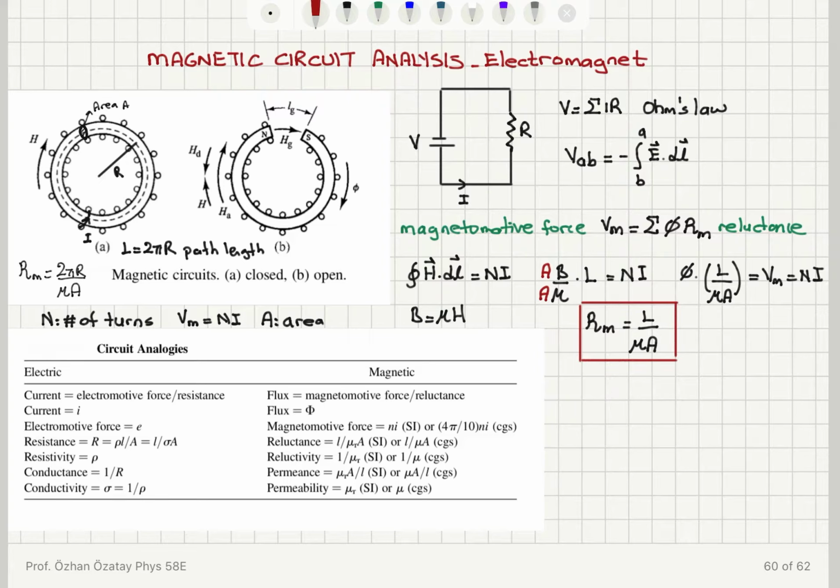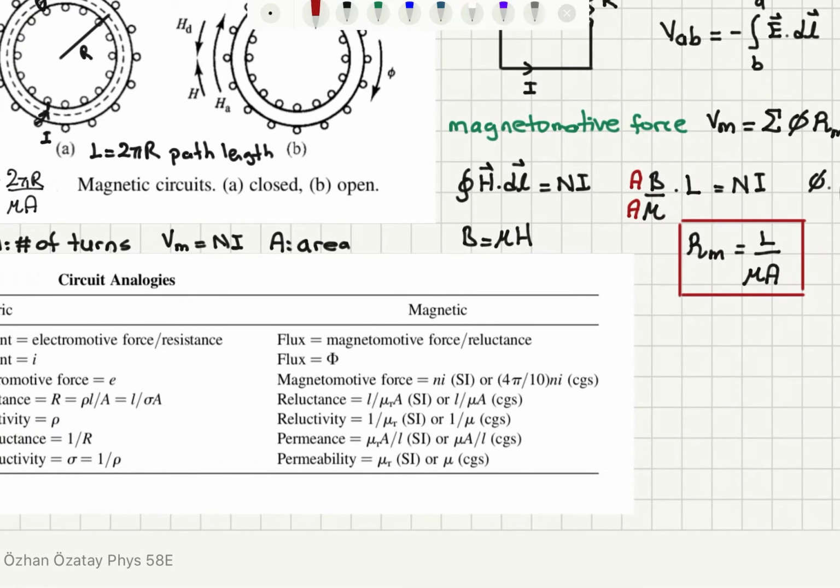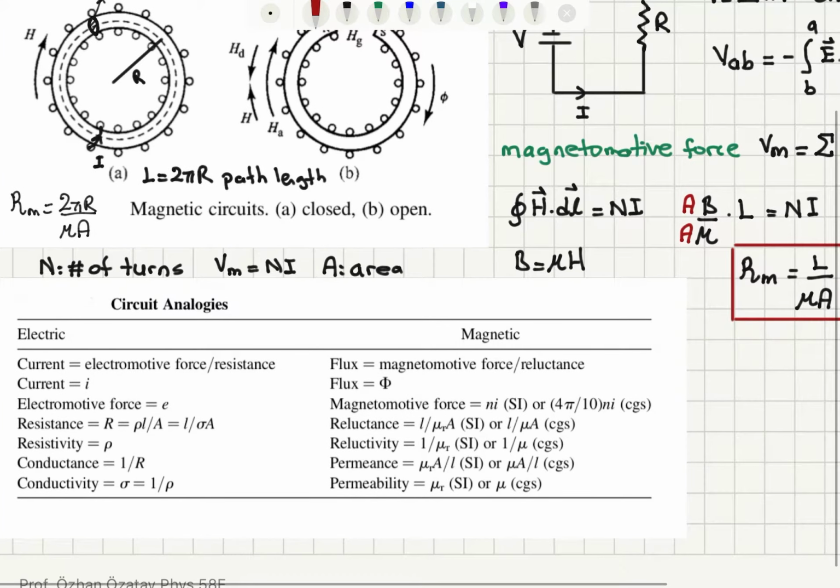That's called reluctance. You can take this analogy further and come up with a set of names that forms this analogy. The first thing we see is that current, which is the electromotive force divided by the resistance, that's Ohm's law, is analogous to flux, which is magnetomotive force divided by reluctance.